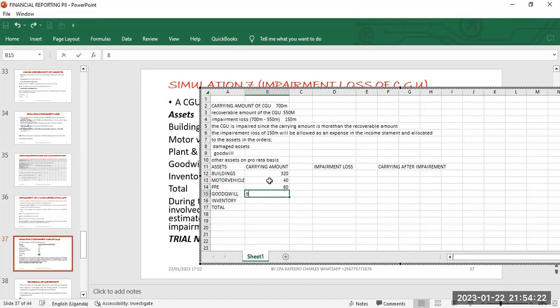Then goodwill is 80 million. And our inventory is 200 million. When you sum them up, we have 700 million. So we try to look at now the impairment.